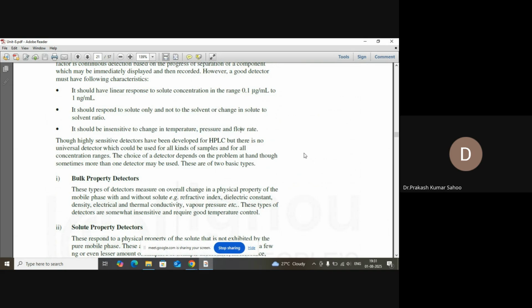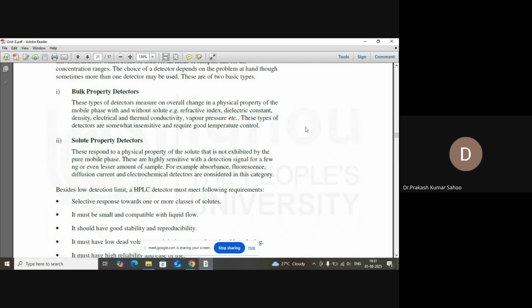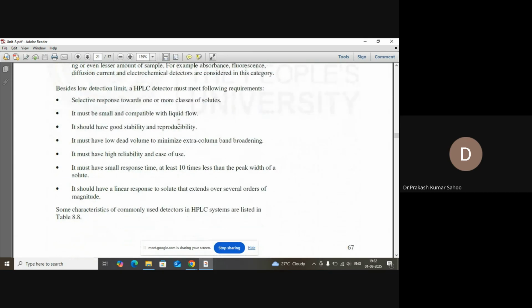The detector should respond to only the solute, that is the component or different element present, separated from a sample. So bulk property detector, this type of detector measures an overall change in physical property of the mobile phase, and without solute, then solute property detector. It must be small, compatible with liquid flow, it should have good stability and reproducibility, it must have low dead volume to minimize extra column band broadening, it must have high reliability and ease of use, it must have small response time.